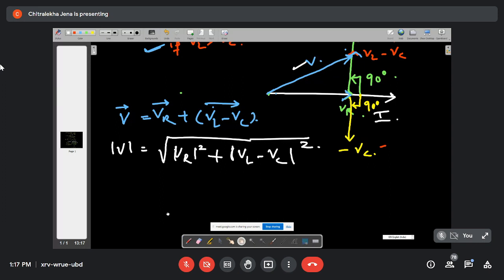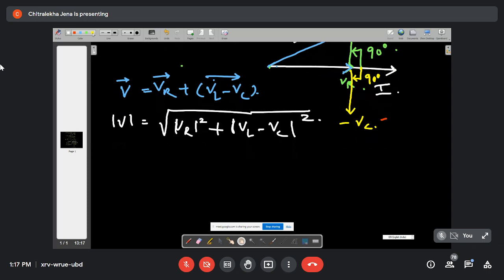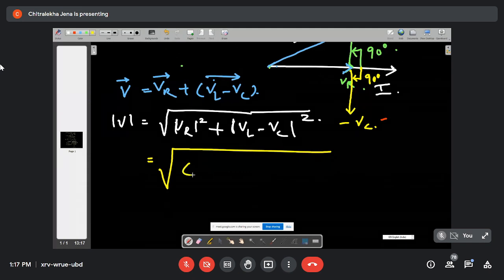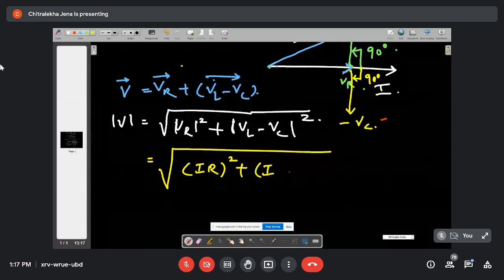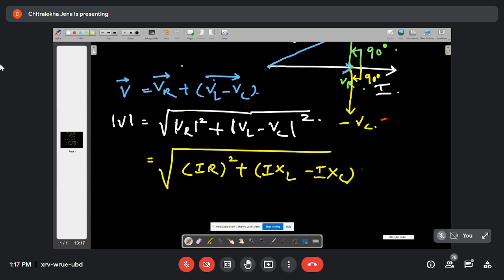Clear to each one of you? So this is equal to square root of (IR) whole square plus (I into XL minus I into XC) whole square.